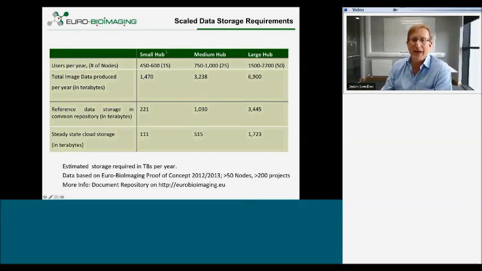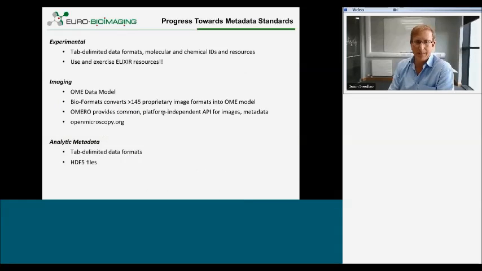But the bottom line is that as we move into construction of EuroBioImaging, depending on the number of nodes and the number of users, we actually have pretty good estimates for the amount of data that we're going to generate and the amount of data that should, in fact, be moved into some kind of common repository, and thus, storage requirements, etc. So, we have some real numbers that we can use as guidelines for taking all of this forward. Again, all of this is published, and if you're interested in more detail, I refer you to the EuroBioImaging website.